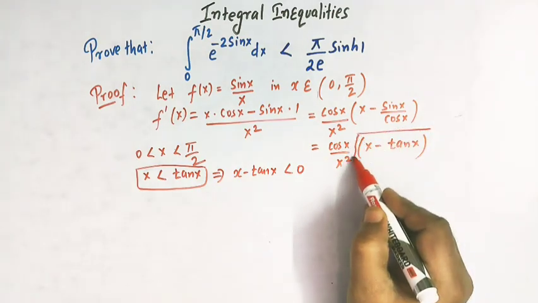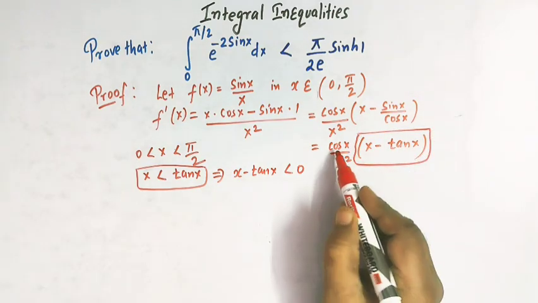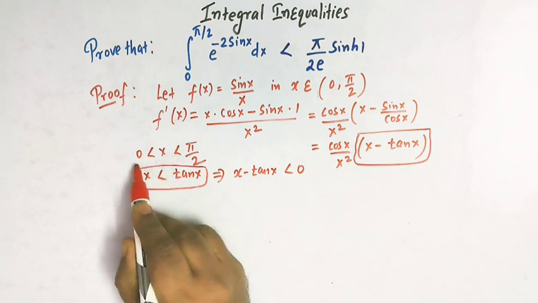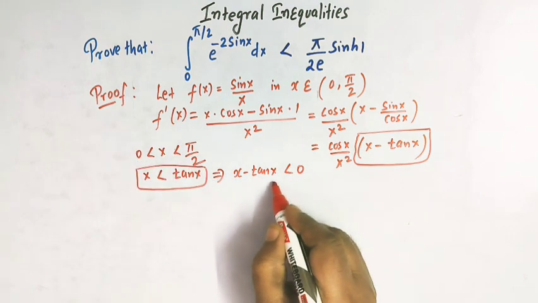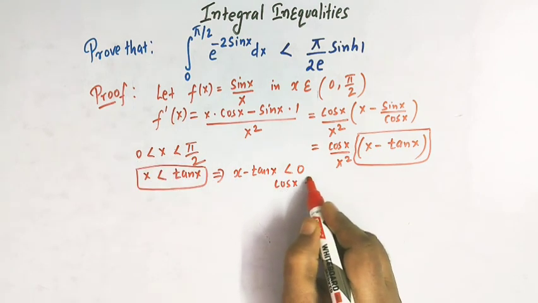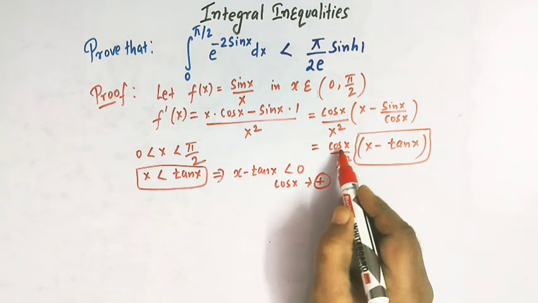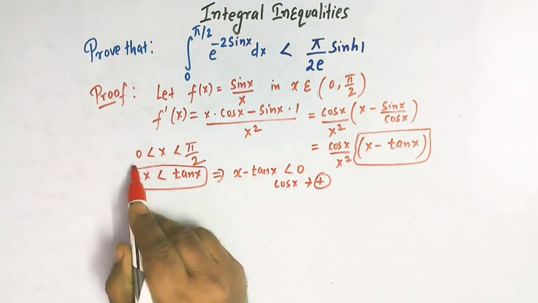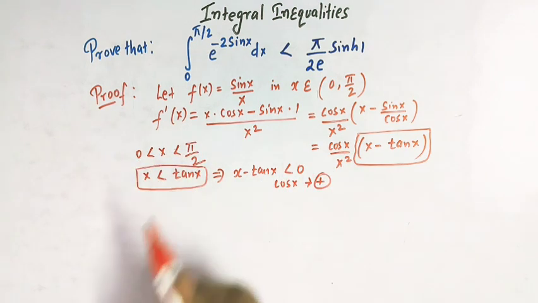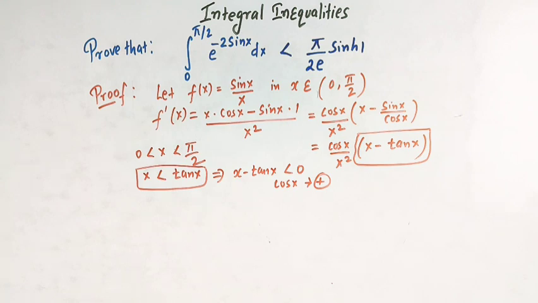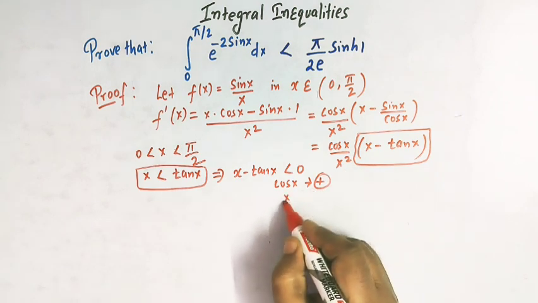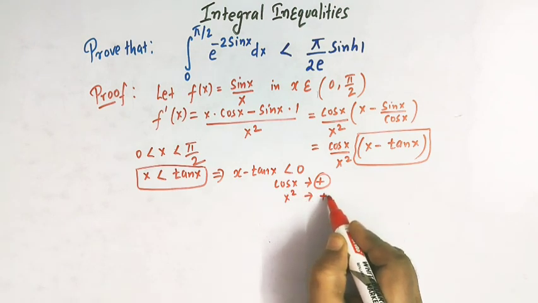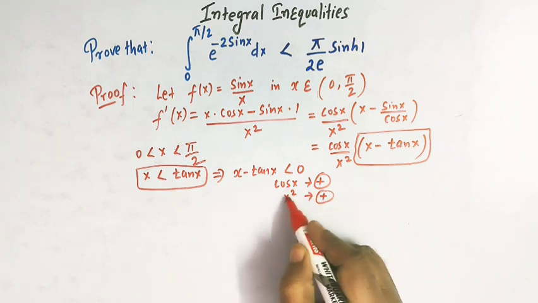So this quantity is less than 0, and in the interval 0 to pi by 2, cos x is a positive quantity because we are in the first quadrant, where all the trigonometric functions are positive, right? And x square is obviously positive, being a square quantity.